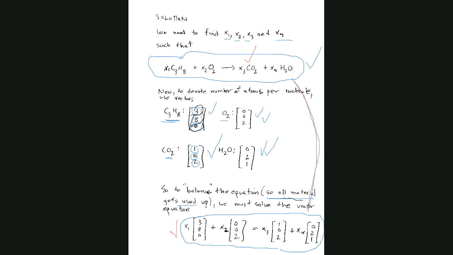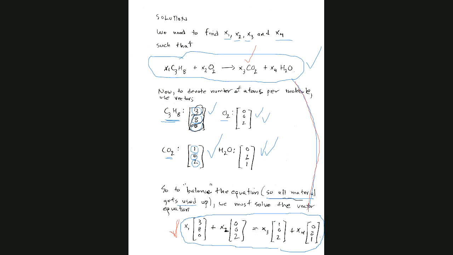All right, so we get this vector equation here at the bottom. And what do we want to convert the vector equation into? A matrix. That's right, Solomon.